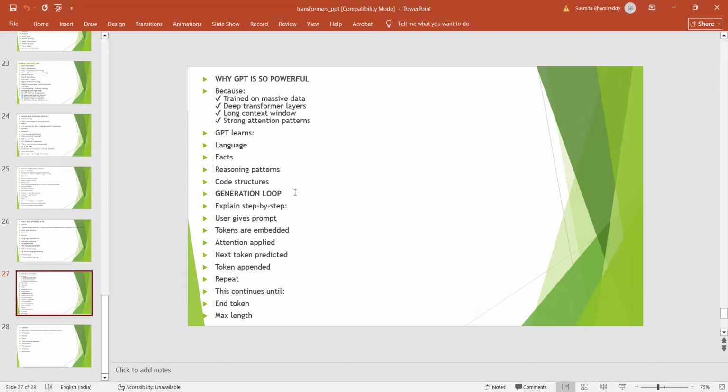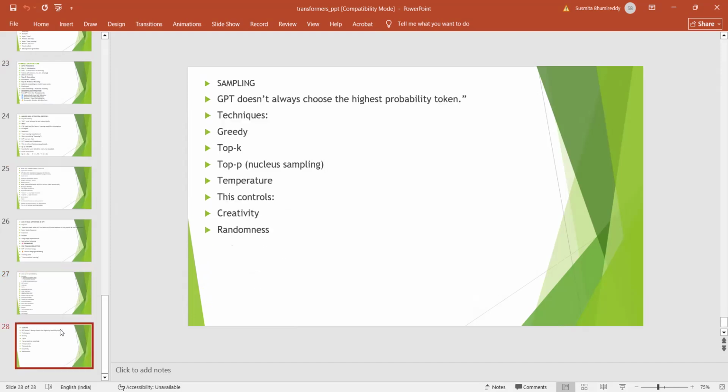So the generating loop: the user gives the prompt, the tokens are embedded, and then attention is applied, and then the next token is predicted, embedded, and repeated, until it reaches the end token or the max length.